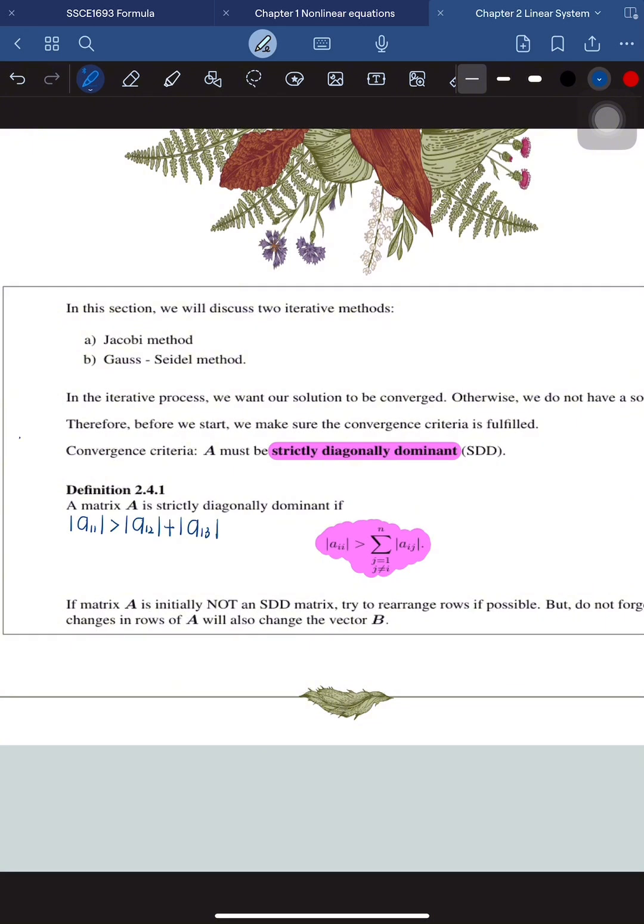The second diagonal should be greater than A21 plus A23, and the last diagonal must be greater than A31 plus A32. Then if your matrix is strictly diagonally dominant, you can apply the Jacobi or Gauss-Seidel.